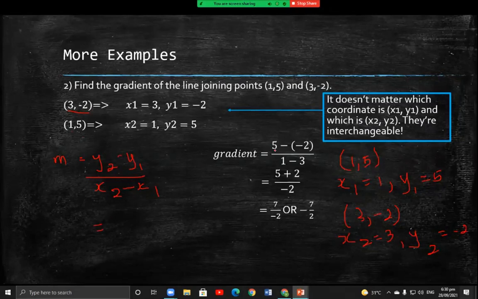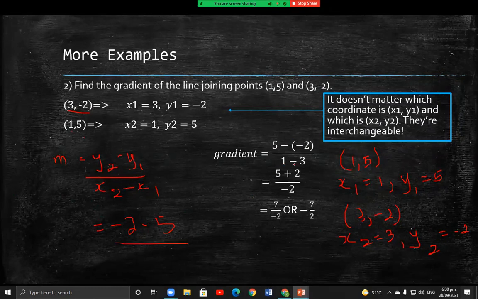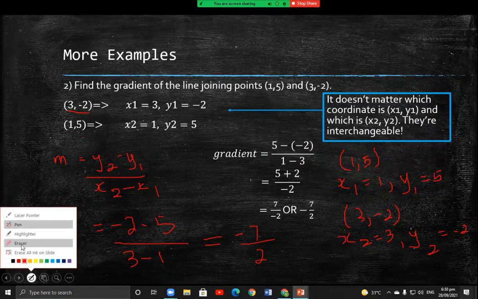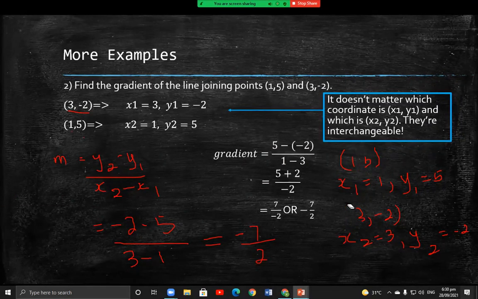So instead of 5 minus -2, my y2 is now -2, so it's -2 subtract 5, and it's no longer 1 minus 3, it's now 3 minus 1. That's what I was saying, it's interchangeable. It doesn't matter, it's whatever you want to do. So -2 minus 5, that's -7, and 3 minus 1 is 2. Everybody understands that?